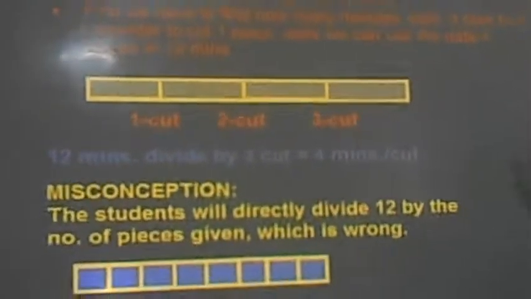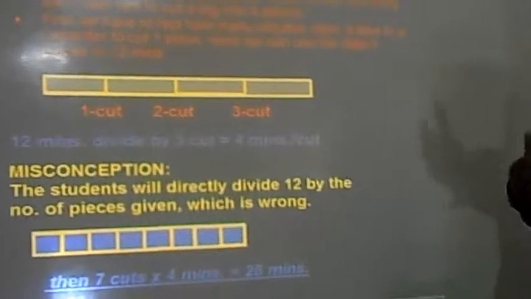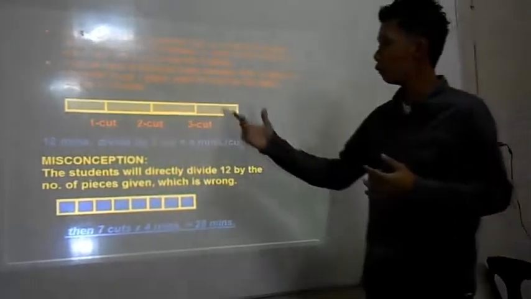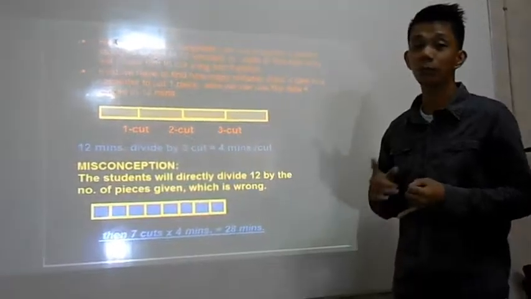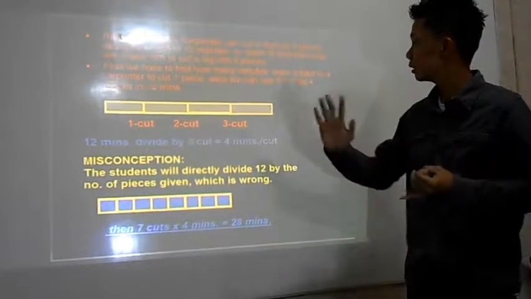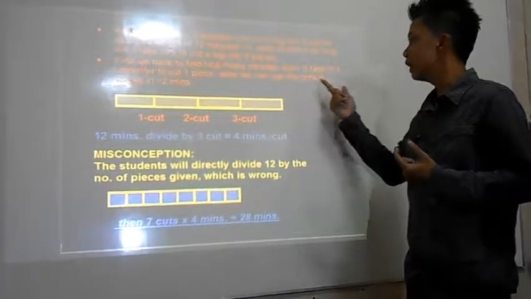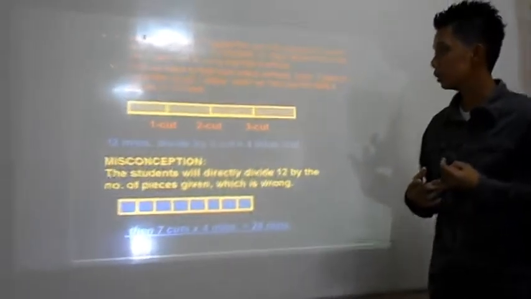So first we have to find how many minutes it takes the carpenter to cut 1 piece, and we can use the data of 4 pieces in 12 minutes.